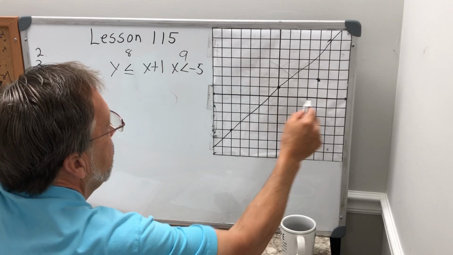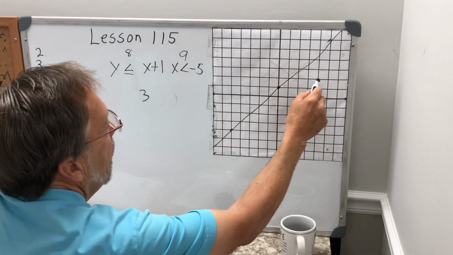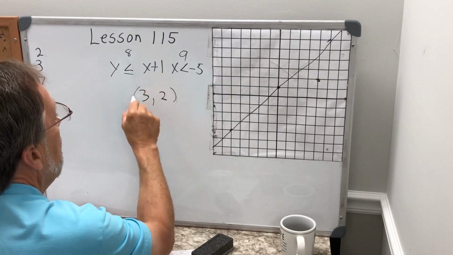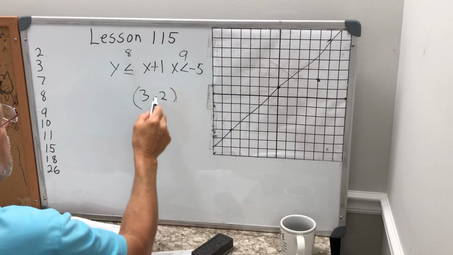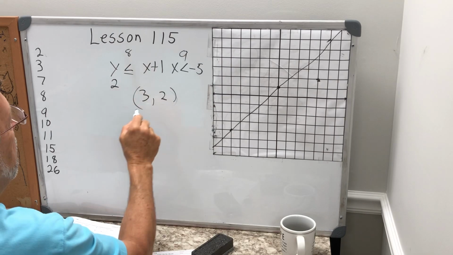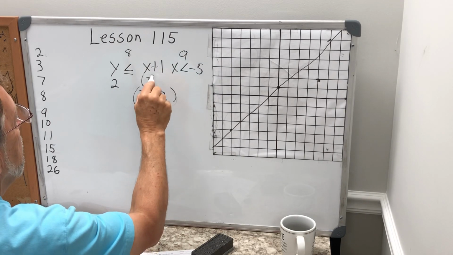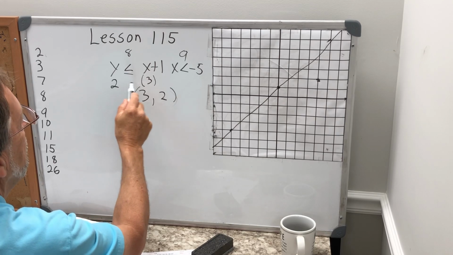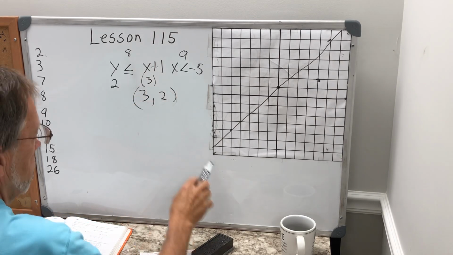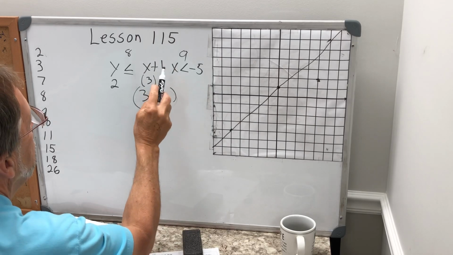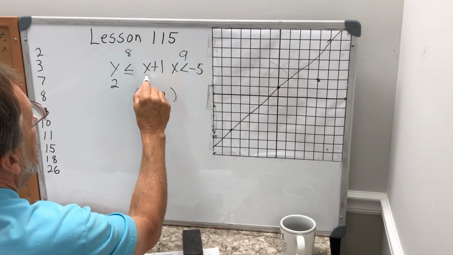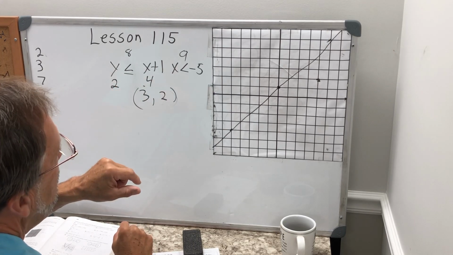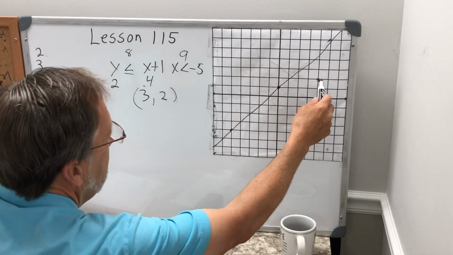So now I have a 3 and a 2. We'll put the 2 right here and the 3 under the x. What I have here is 2 is less than or equal to 3 plus 1 is 4. Is that a true statement? 2 is less than or equal to 4. It is. So I picked out the right side.